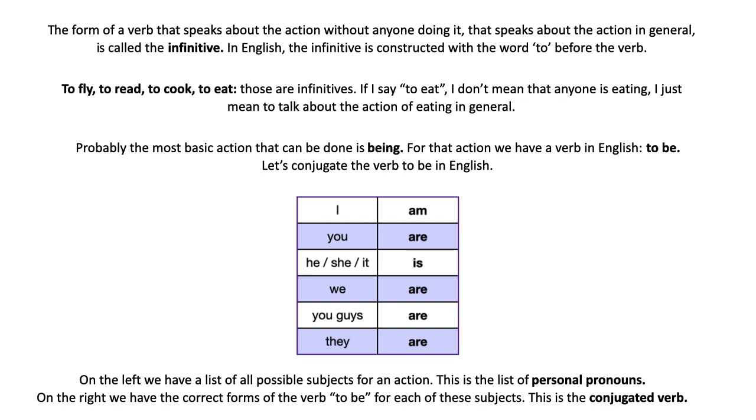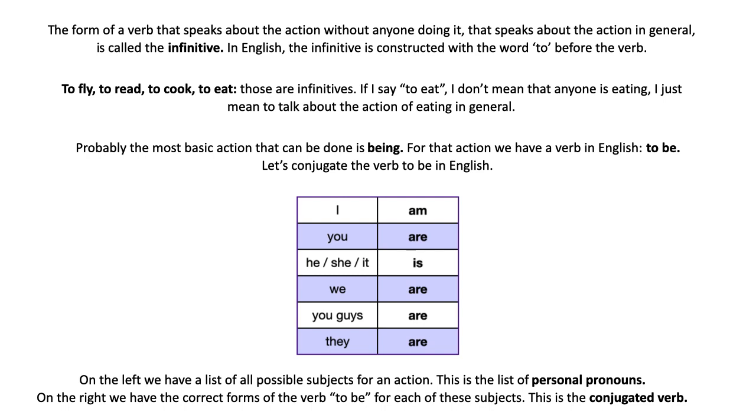So to sum up what we have talked about in this video, verbs are the words we use to talk about actions. Verbs have a form in which no one is doing the action that talks about the action in general, and that form is called the infinitive. In English, the infinitive is constructed with the word to before the verb: to eat, to cook, to read.